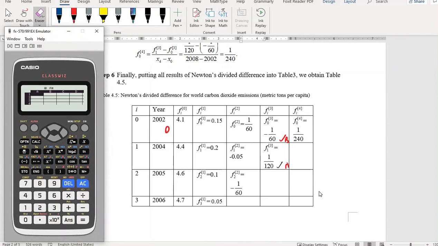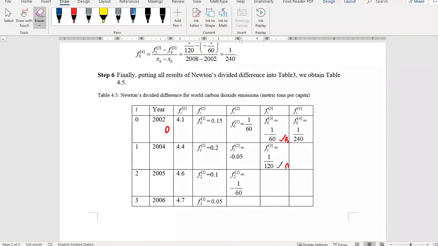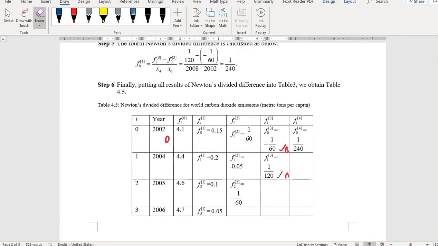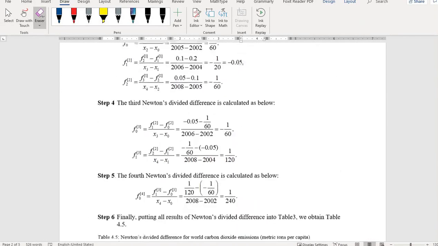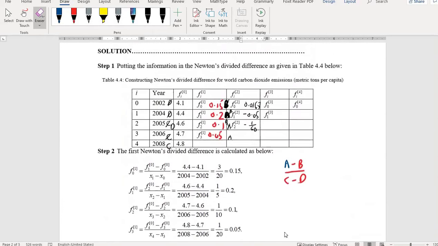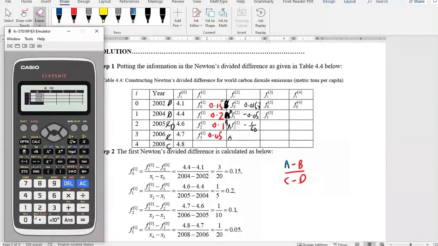I key in the values now: 2002, 2004, 2005, 2006, and 2008.